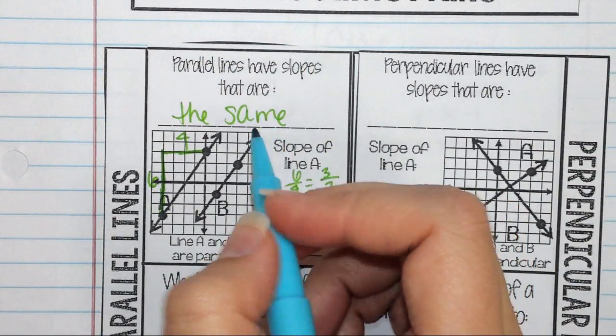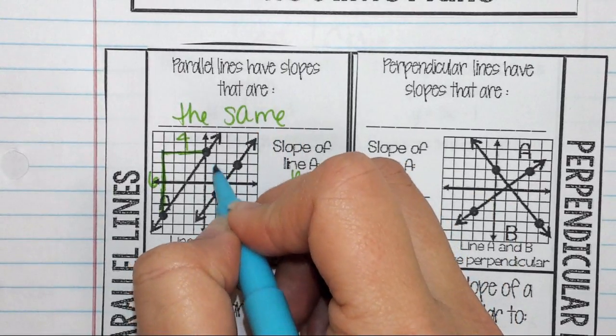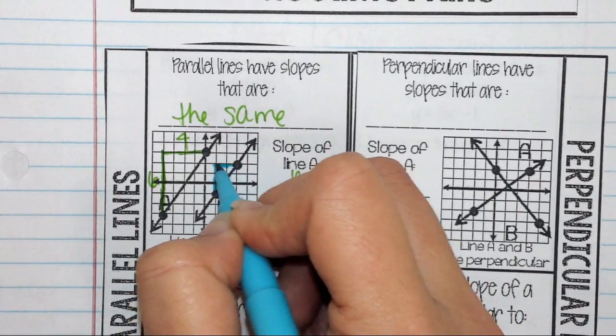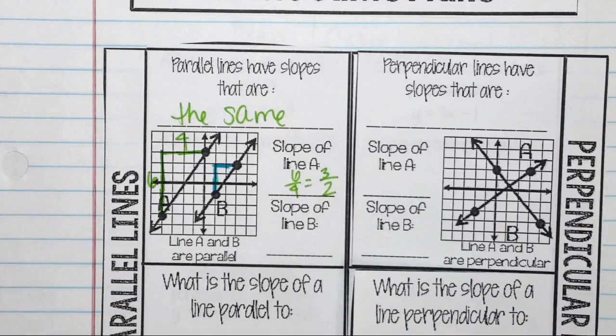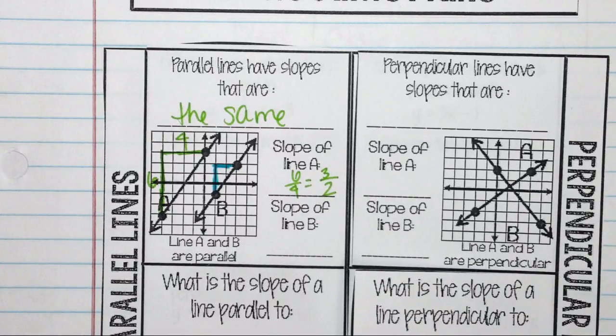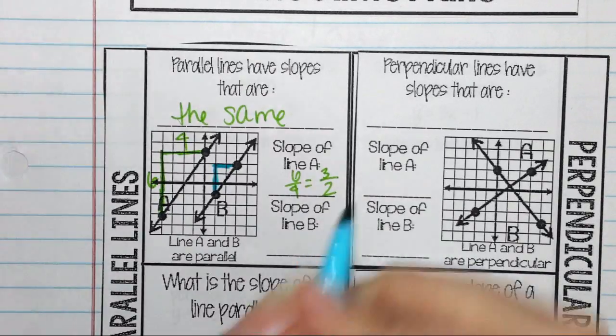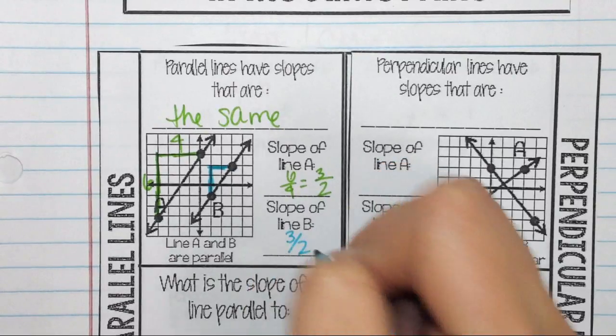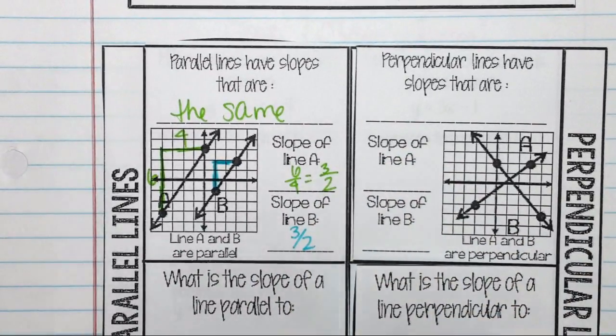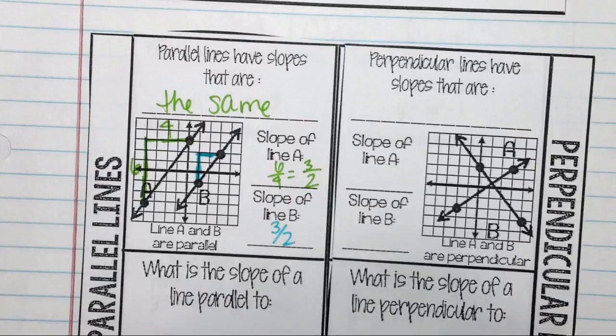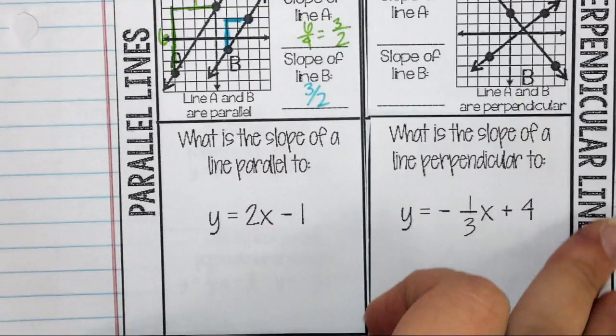Do the same thing, rise then run. That is also 3 halves. Are those the same thing? Fantastic. Those two are parallel.